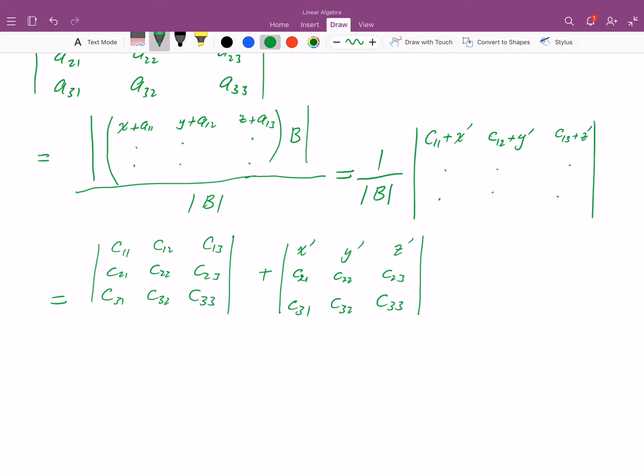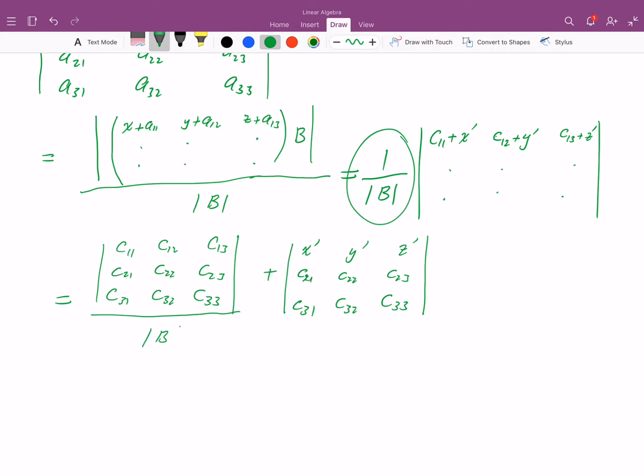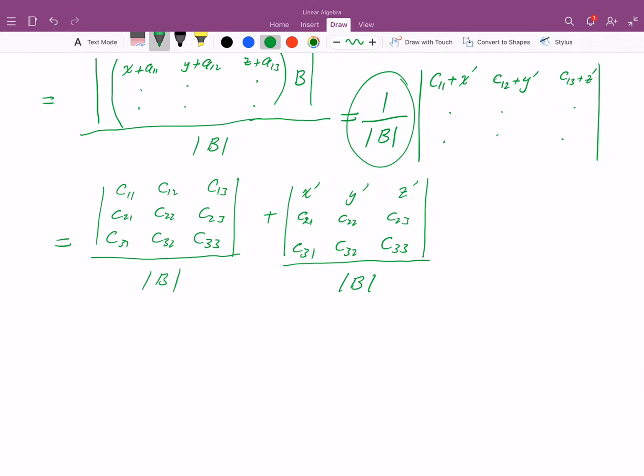And of course, both of these are multiplied by 1 over the determinant of b. Okay, we know what this first thing is, right? The C matrix, this is basically the determinant of AB over B, right?